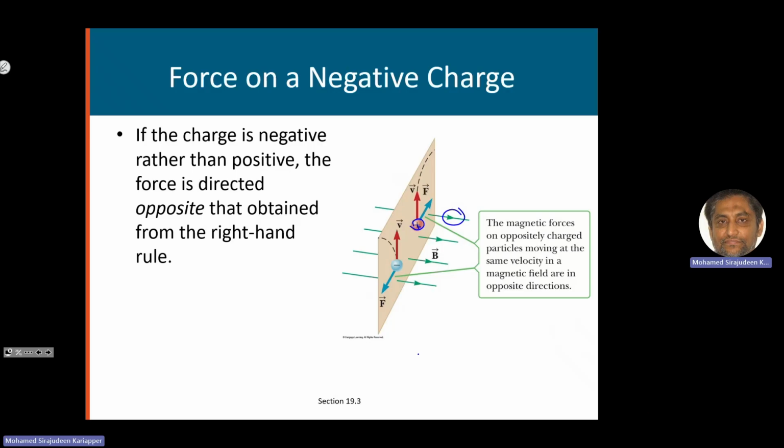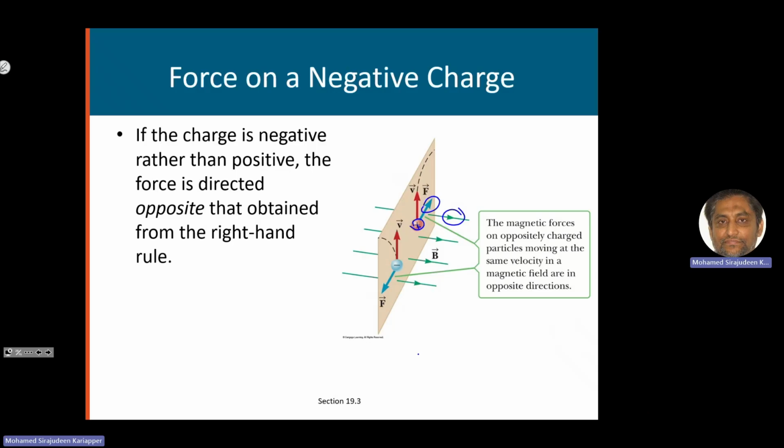So v cross B, using the right hand rule: fingers in the direction of v. v is up, right? You curl your fingers towards the magnetic field, and the thumb is pointing as shown here. Since it's a positive charge, no flipping.